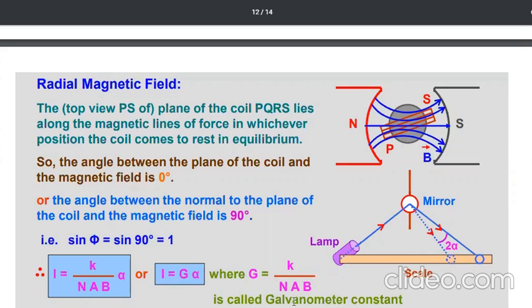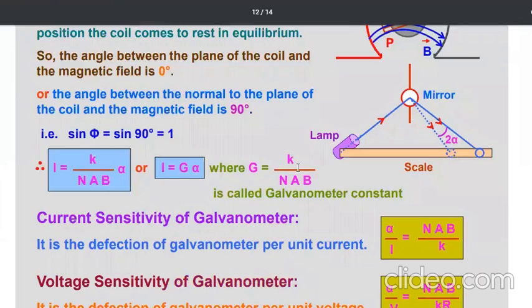So various types of galvanometer can be made by changing the galvanometer constant. You see here that the galvanometer constant can be changed by changing the elastic properties of the wire, or changing the number of turns, or magnetic field, or area or size of the coil.